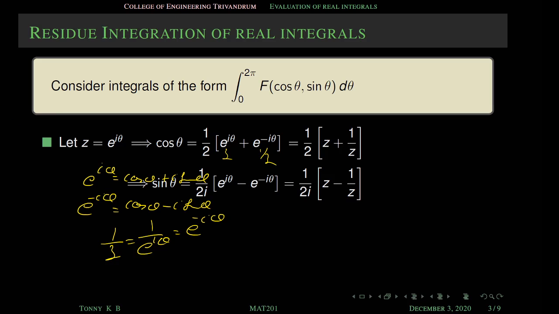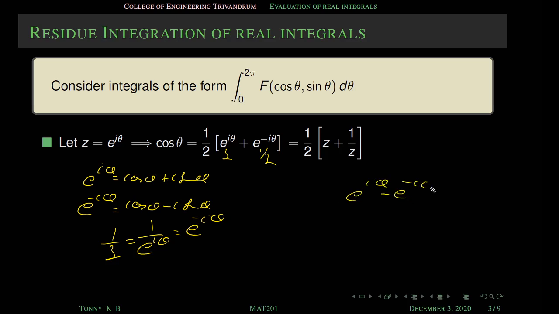Similarly, we can find sin theta. If you take the difference, e raised to i theta minus e raised to minus i theta, the cos theta cancels, and we get i sin theta plus i sin theta, that is 2i sin theta.